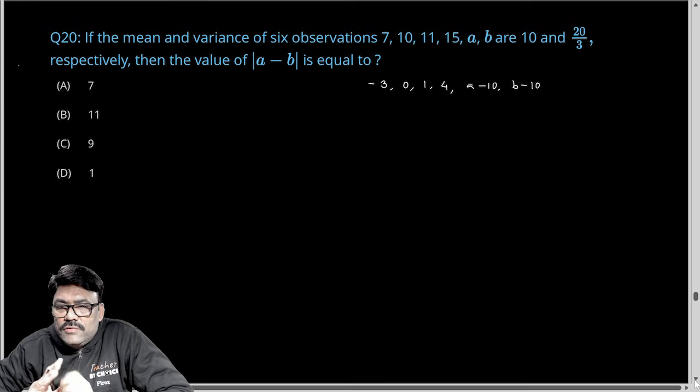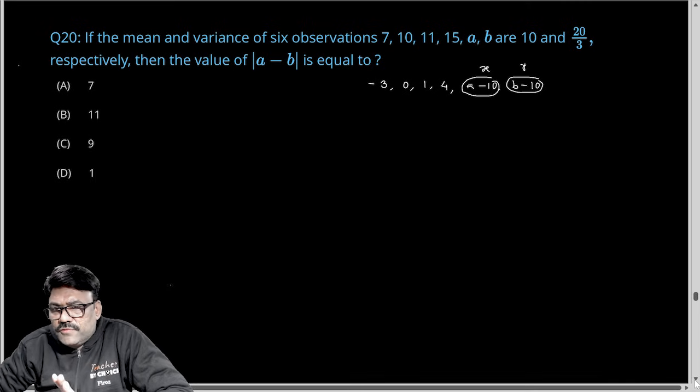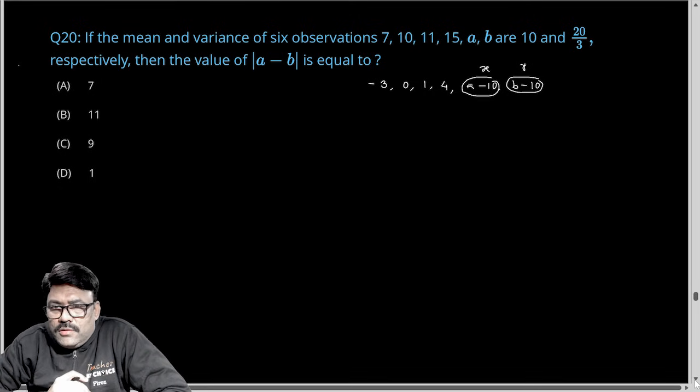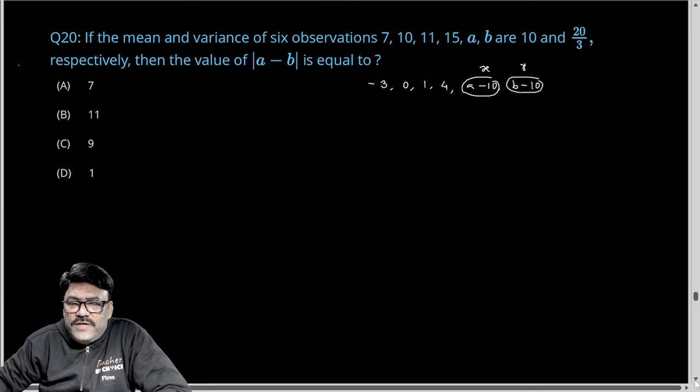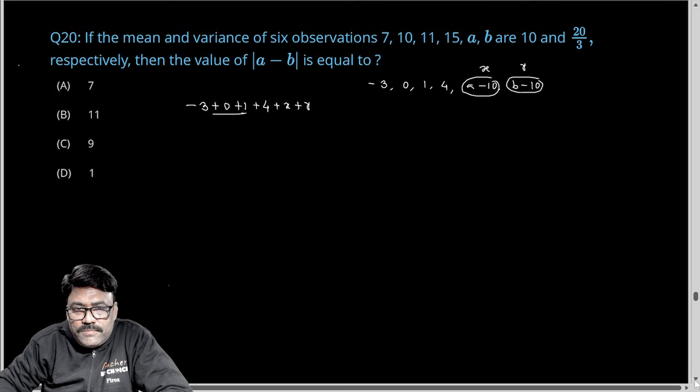So new mean will be 0. And let's suppose this number is X, this number as Y, just for the sake of convenience. So if I take the mean of these numbers now, minus 3 plus 0 plus 1 plus 4 plus X plus Y over 6, now the mean should be 0.